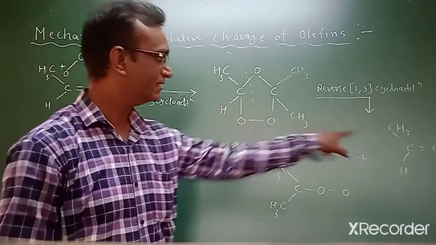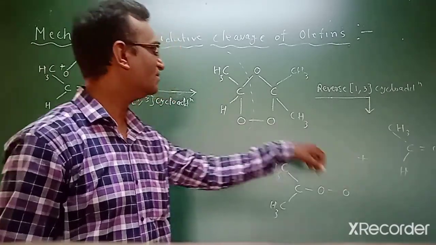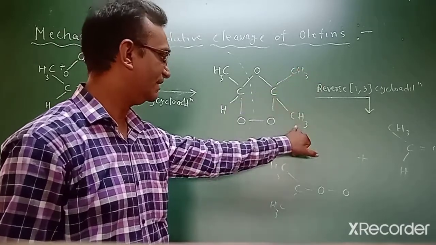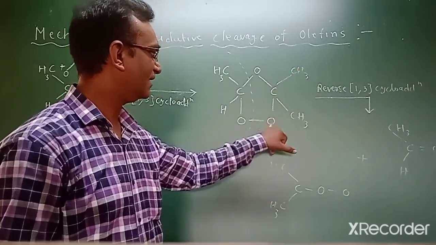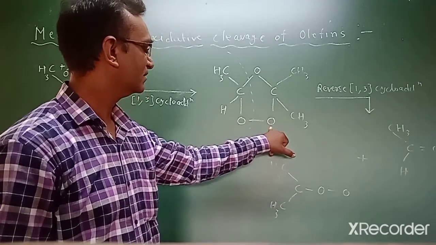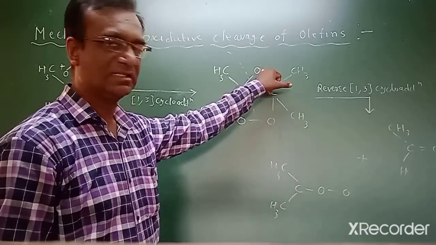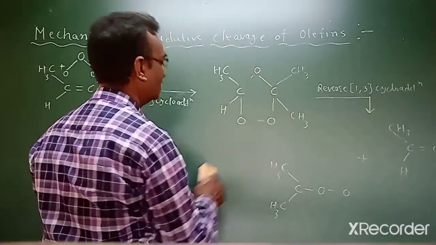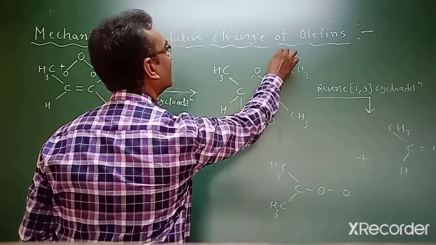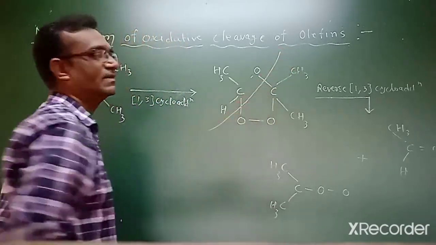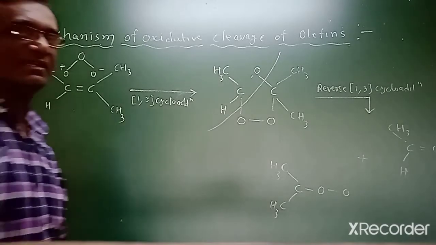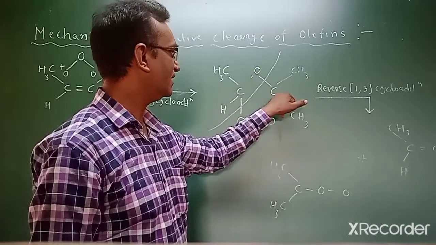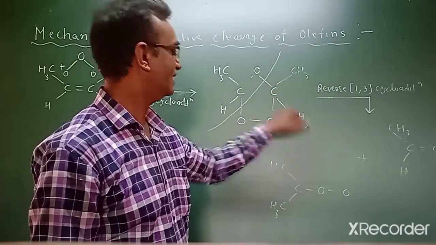CH3 CH gives the formation of the carbonyl compound, and CH3 C CH3. After that, this oxygen and this oxygen. Or in another way, for your convenience, you can also write this breaking like this: CH3 CH double bond O and CH3 C CH3 O.